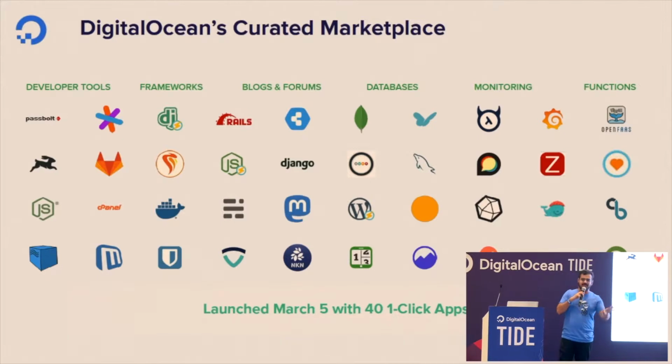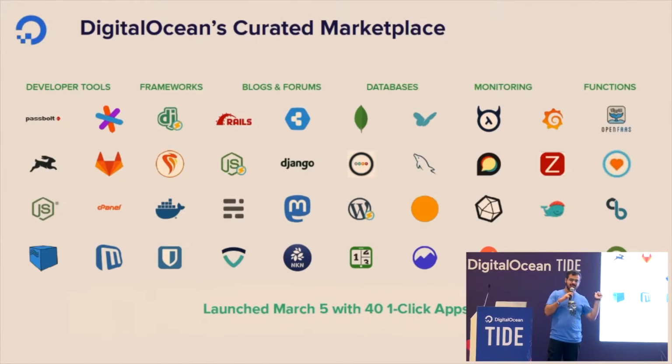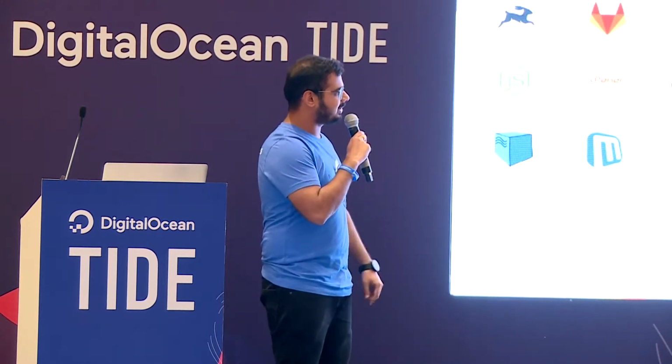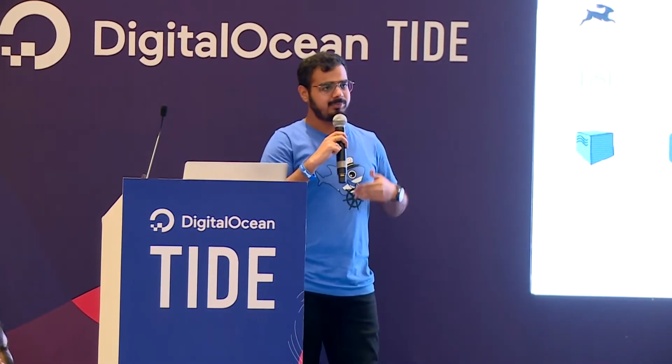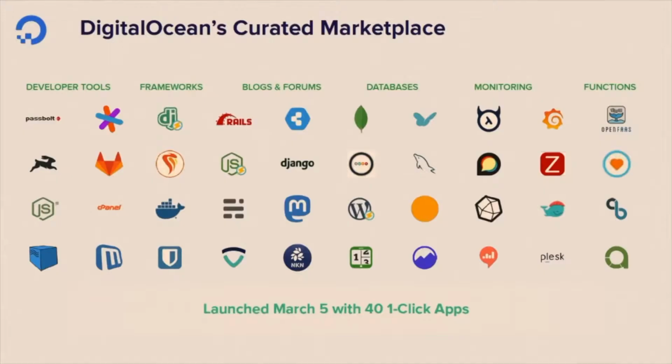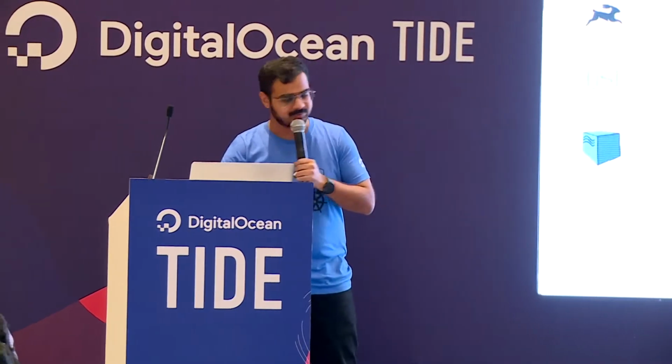I know that many of you might be thinking that I might play a logo quiz game over here, but no. You can actually find all of these when you go to DigitalOcean Marketplace or when you're creating a droplet using any one of these one-click apps. So there'll be more apps coming in, but these are the ones which are available right from today, or rather a month ago, to use.